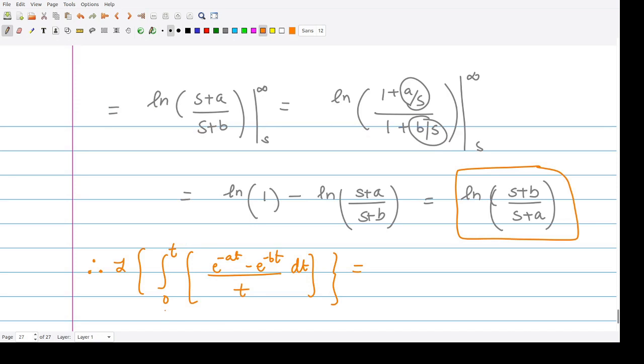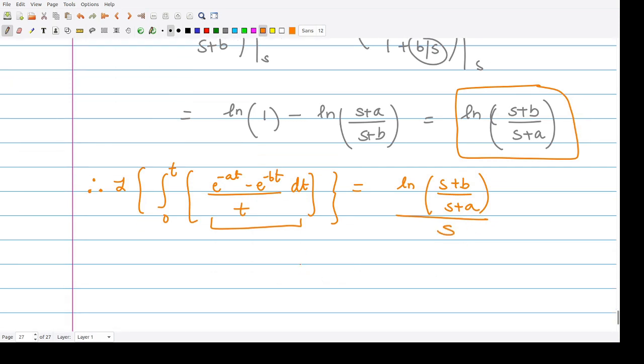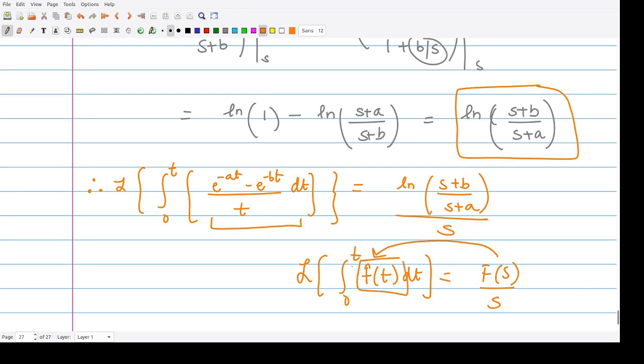So now for the integration, the Laplace transform of this function would be this function divided by s. So that is our final answer, because we know the Laplace transform of the integration 0 to t of f of t dt is equal to f of s divided by s, where f of s is the Laplace transform of this function, right. So this is the formula that we have used here.